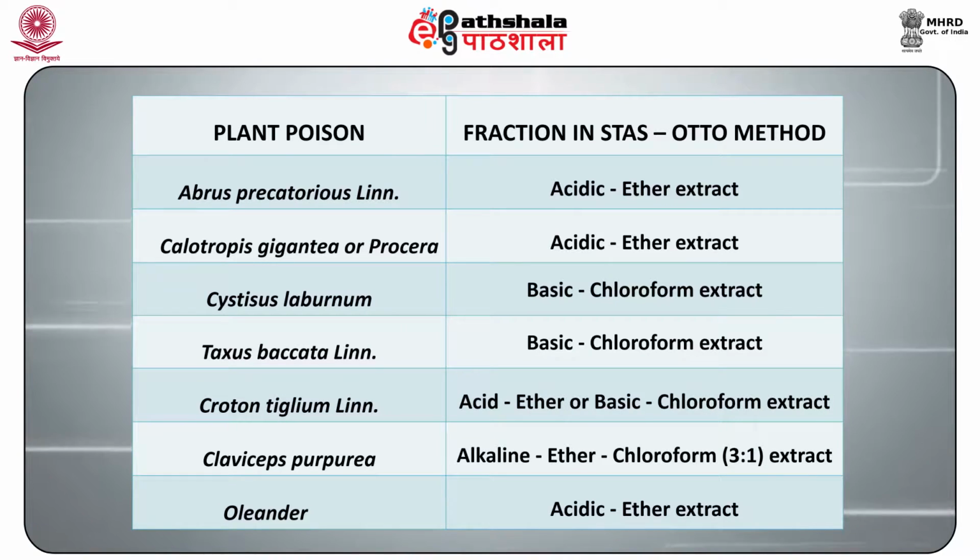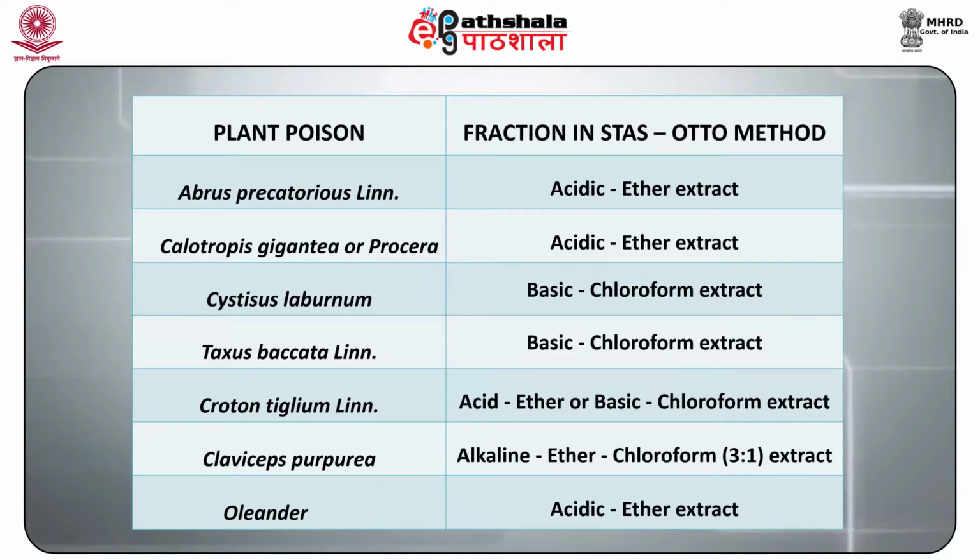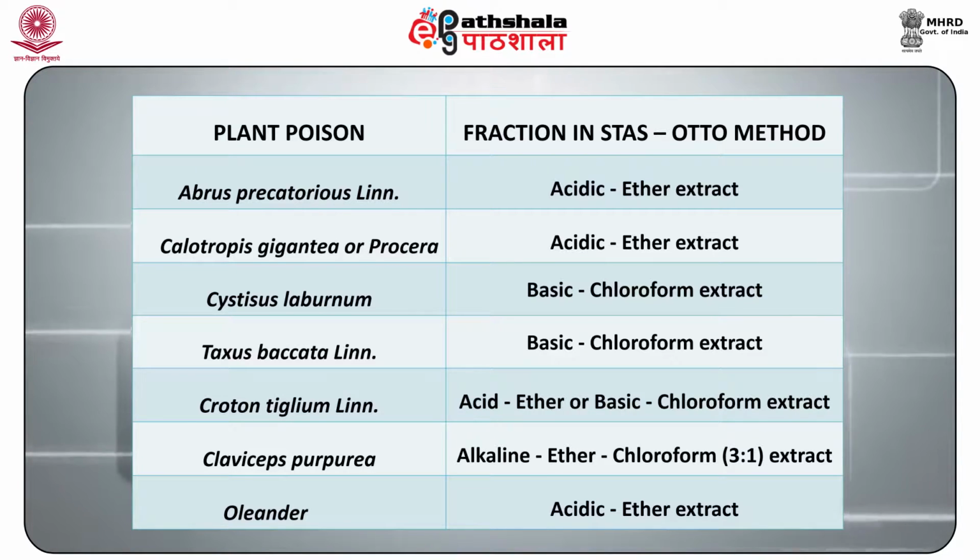Next is Croton tiglium, it is the acidic ether or the basic chloroform extract. For Claviceps purpurea it is alkaline ether chloroform in the ratio of 3:1 extract, obtained by the Stas Otto method, and for oleander it is acidic ether extract.